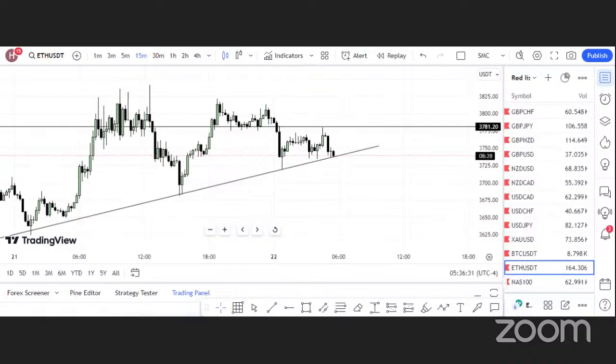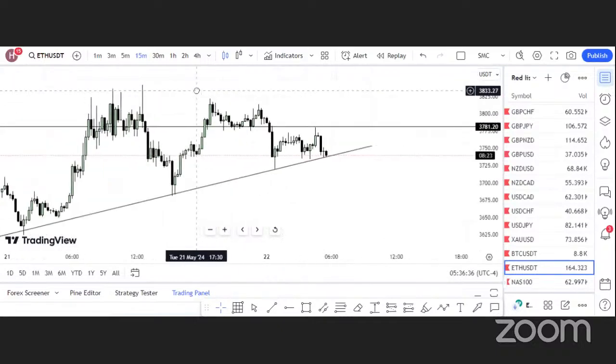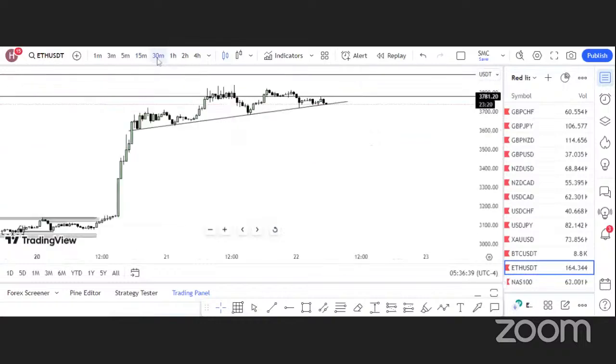Sorry for the loss in communication, guys. So let's continue with our analysis. Right. Ethereum USDT.